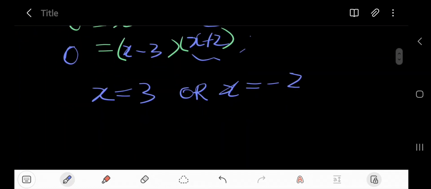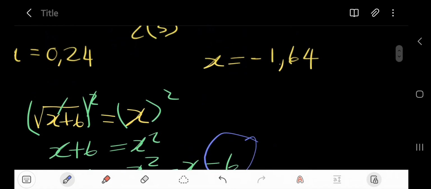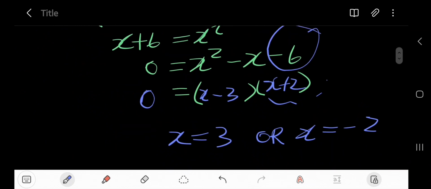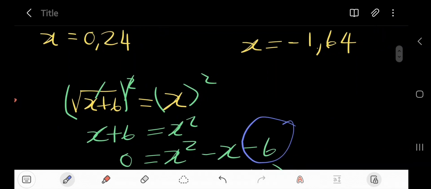Now in root equations, there's always an answer that is incorrect or invalid, so make sure you check and see which one actually balances out. Let's replace 3. If we replace 3 here, it's going to be the root of 3 plus 6, which is the root of 9, which gives us 3. And indeed, it does give us x, because x is 3.